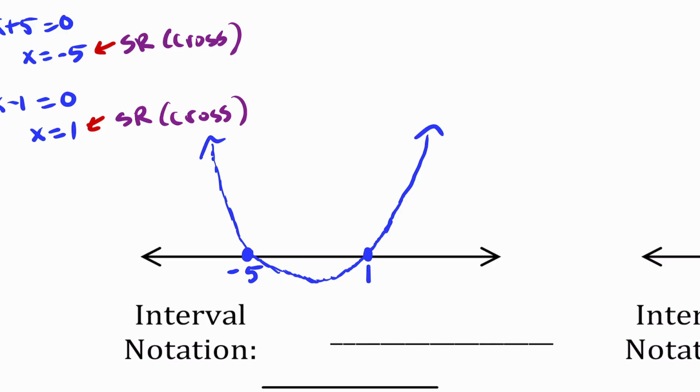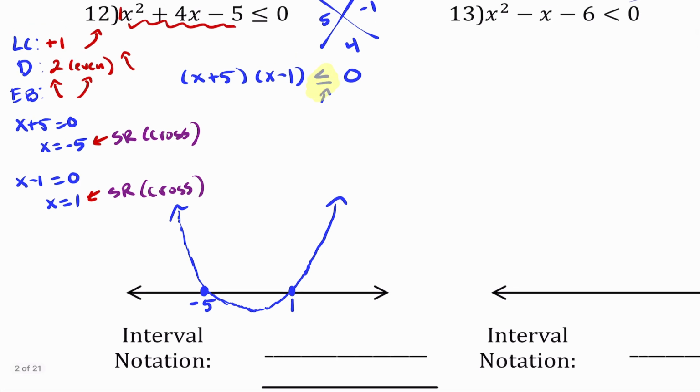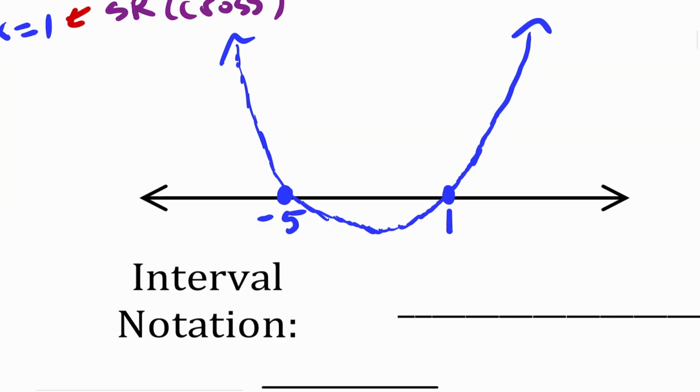Now we're not done. We have to figure out where to shade. Since this is a less than or equal to, we're going to shade below the x-axis, between the x-axis and the actual function. Would I be shading here? No, because there is no function involved. It's just the x-axis. Would I be shading here?